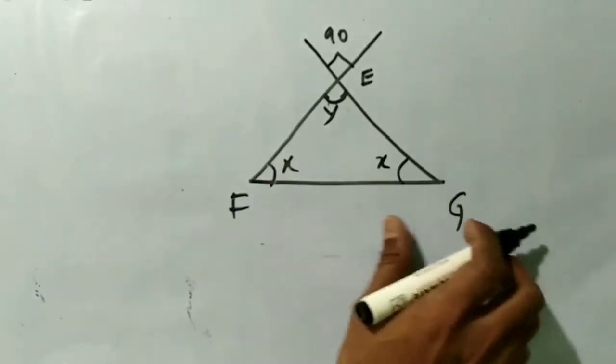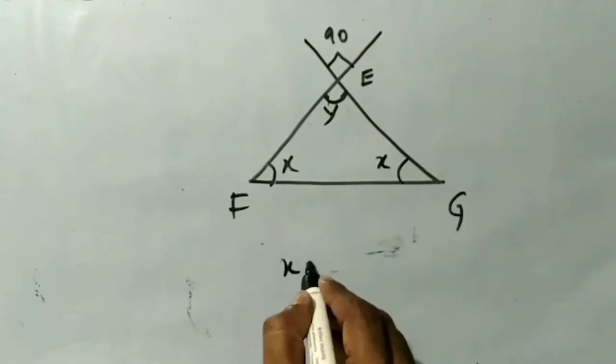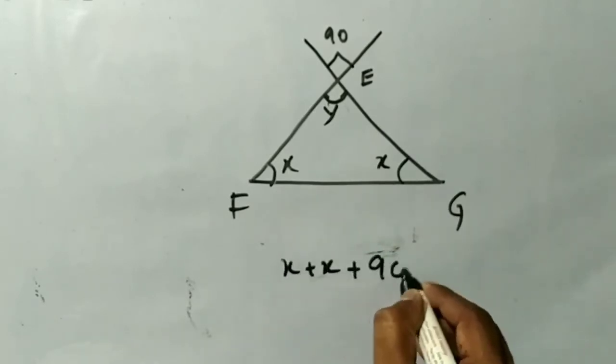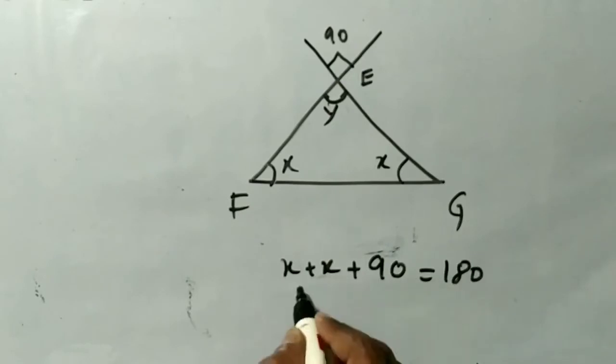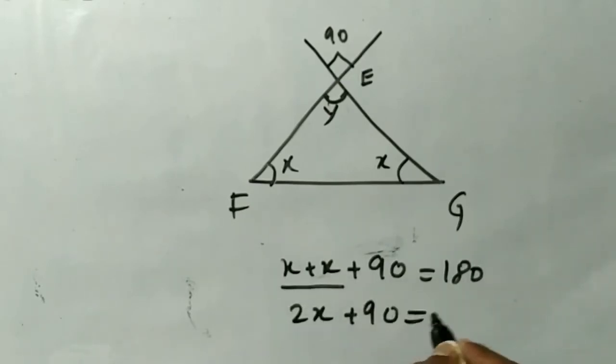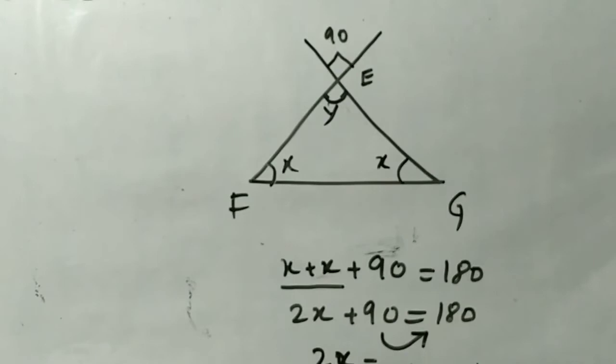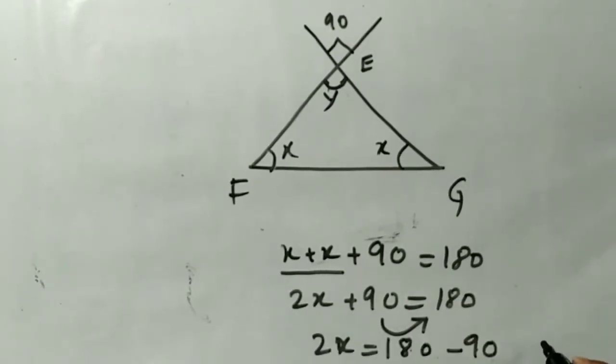So we get x plus 90 is equal to 180. Thus x plus x, that is 2x plus 90, is equal to 180. So the 90 goes to this side. 2x is equal to 90.